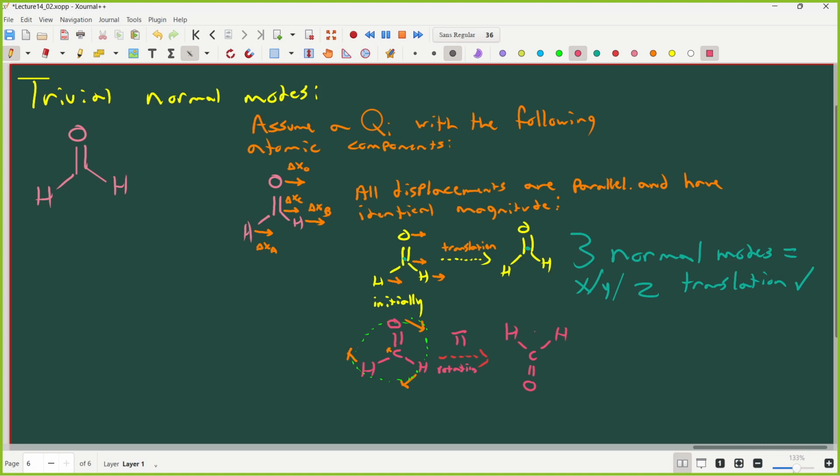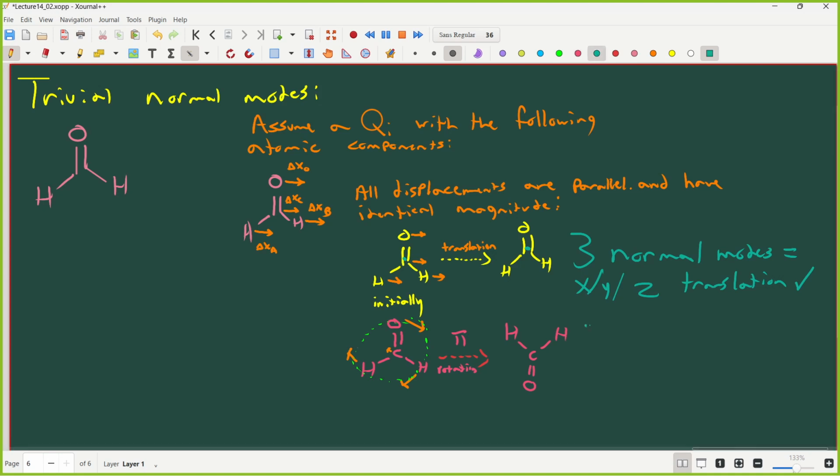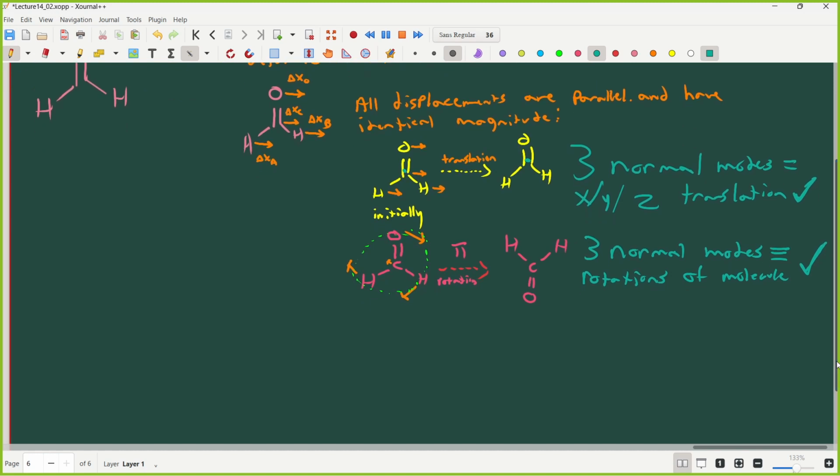So if you have a 3-dimensional molecule, like formaldehyde, there are 3 additional normal modes, which are the rotations of the molecule. Those aren't vibrations, they're rotations. So 6 of these normal modes are not vibrations. They're translations and rotations, so we can just get rid of them. We don't even have to think about those motions because they don't contribute at all to the vibrations of the molecule. We're just moving the molecule or rotating it.